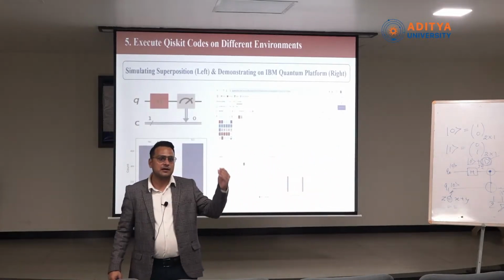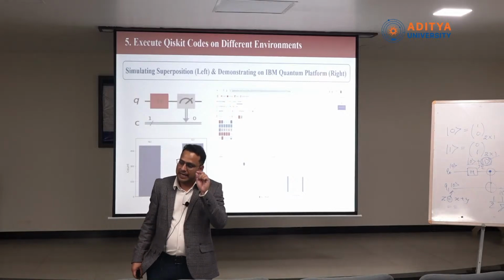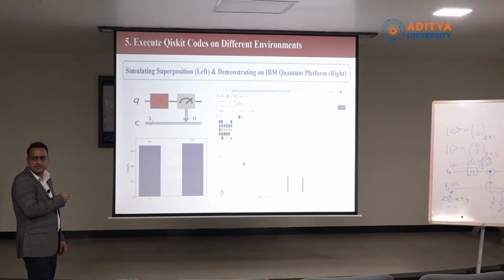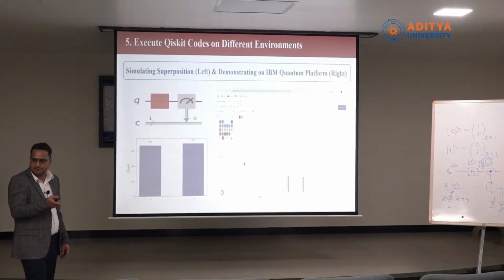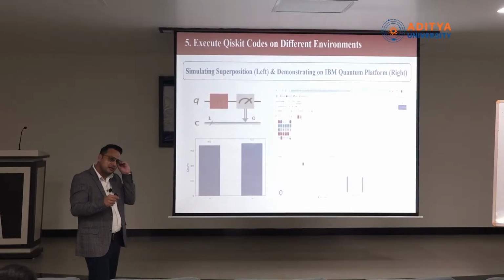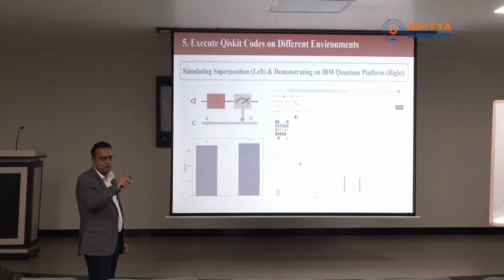Why? Because the machine is probabilistic in nature. So what is the analysis here? The probability to measure the answer as either 0 or 1 is half. So at each iteration we can get our quantum state as 0 or 1 with half probability.